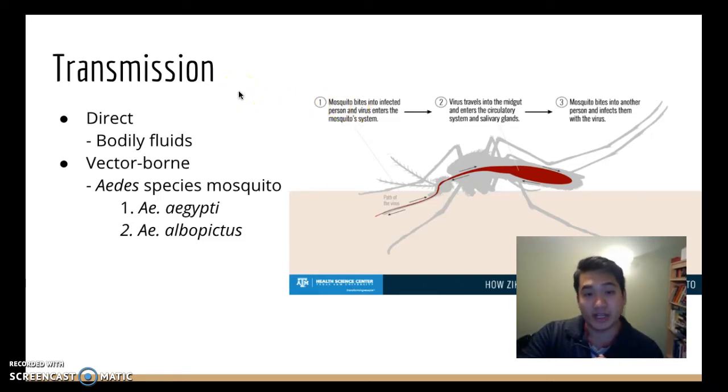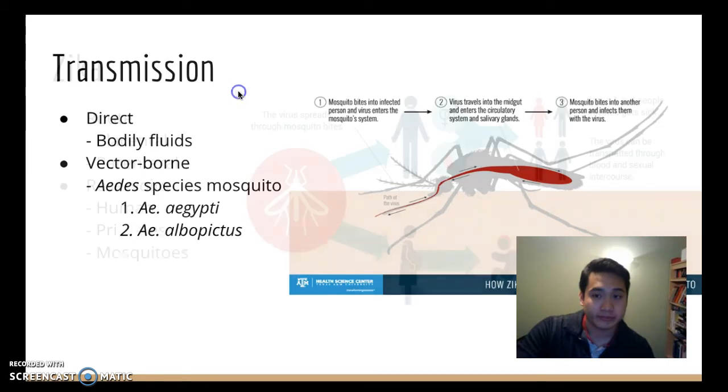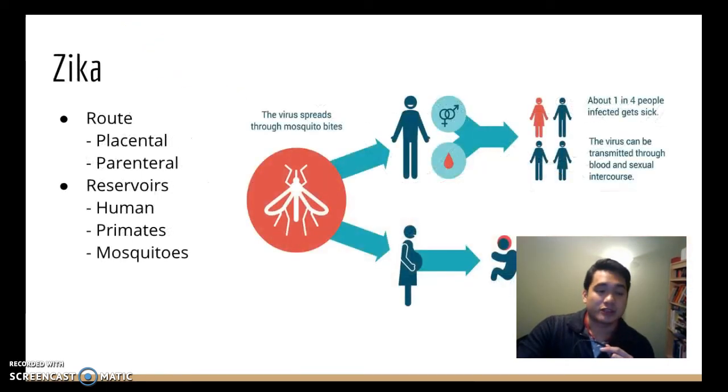Here on the right, we can see an image of a mosquito and the way infected blood travels into the mosquito. The virus can replicate in the midgut of the mosquito, making it a reservoir. And this mosquito can infect other hosts, including humans. So its routes include placental and parenteral.